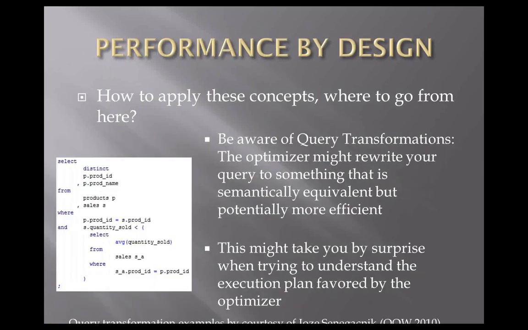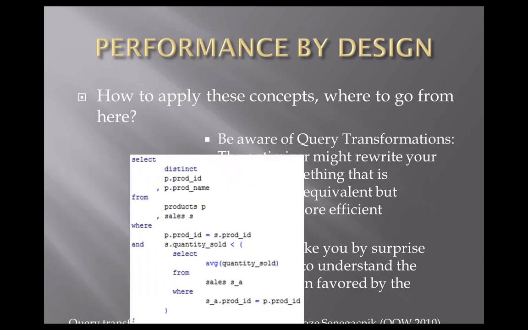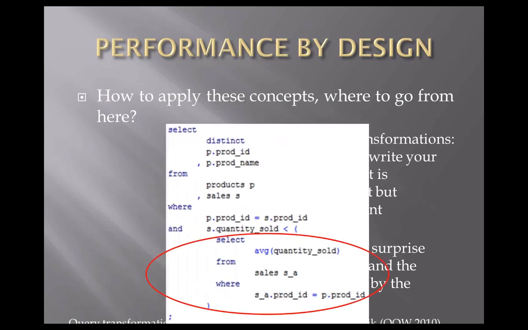And then if you are in the position to really understand execution plans, then you might be surprised by some of the execution plans that you see. And here's just one of these examples. If you take this query here, we have a two-table join, and we have an aggregate subquery, and then you might start wondering, wow, how should I address this aggregate subquery?